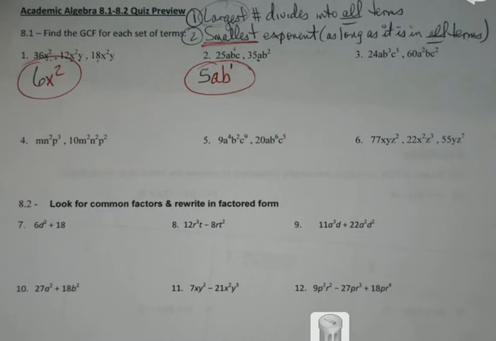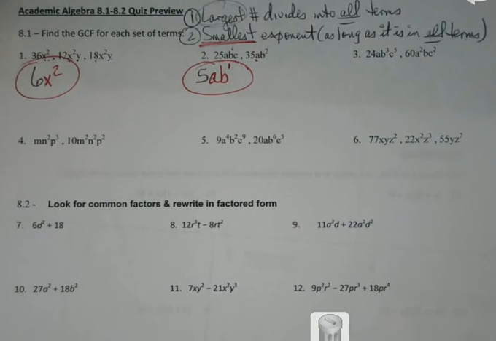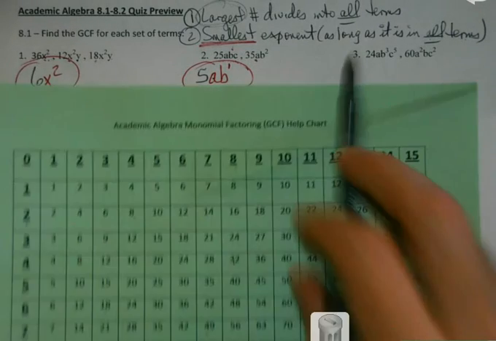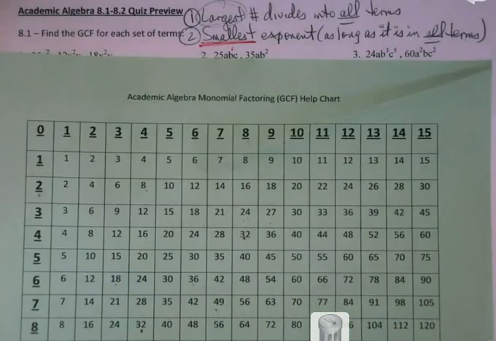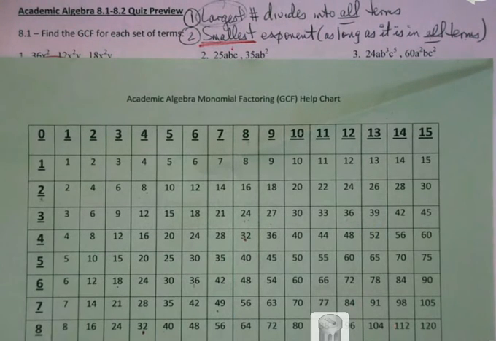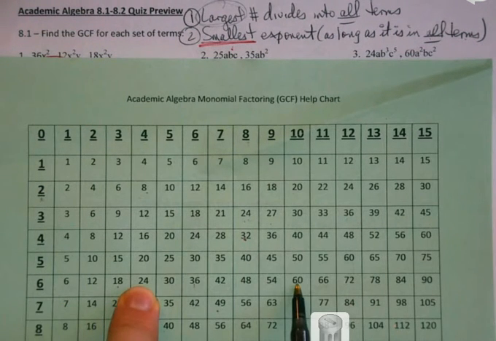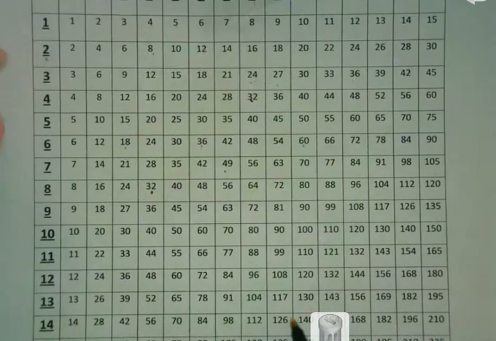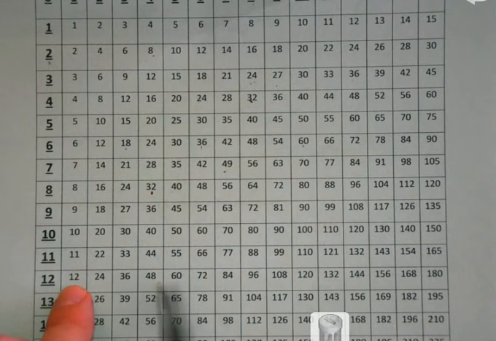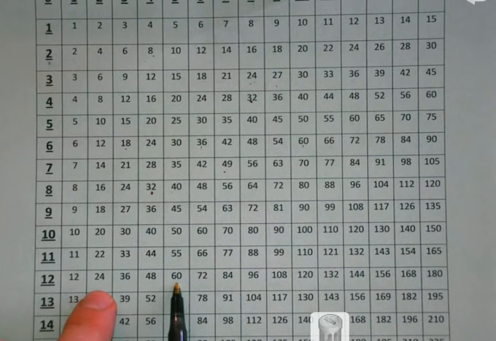Now this next one, let's see how close of attention we're paying here. When I'm looking at my numbers for 24 and 60, you may notice at first, okay, 6. There's 24 and 60. But if I go a little further down my chart, ooh, 12 has both of them.